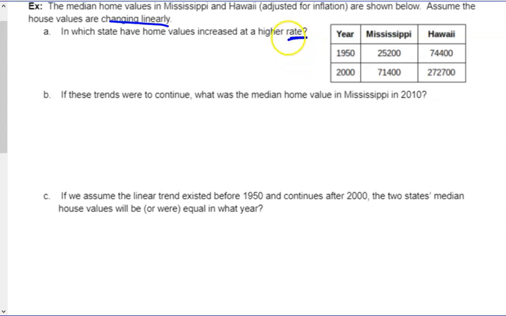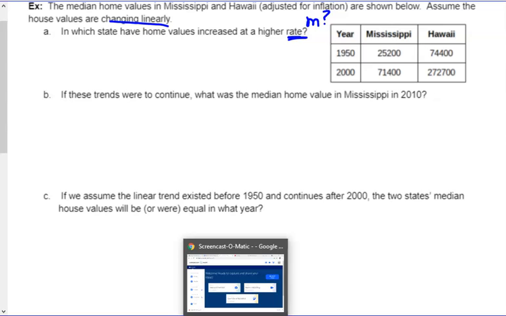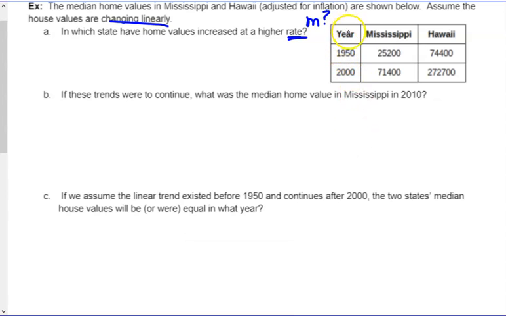So again, anytime you see a rate, you should be thinking about what is the slope, okay? That's really what they're asking there. What is the slope of that? So for Mississippi, year is going to go with both Mississippi and Hawaii. So you might want to think about these as ordered pairs.